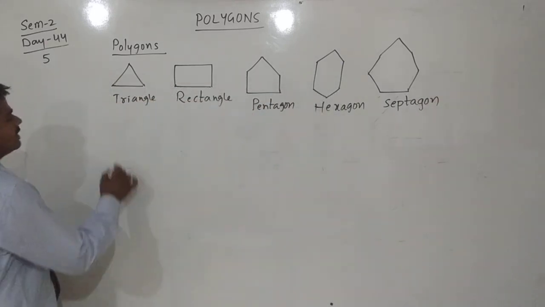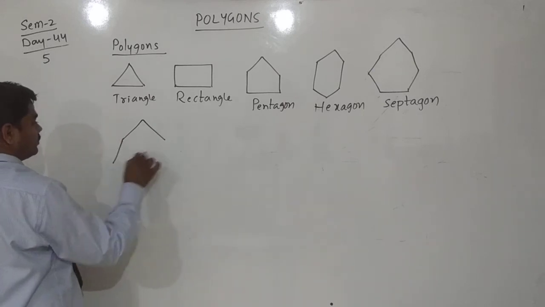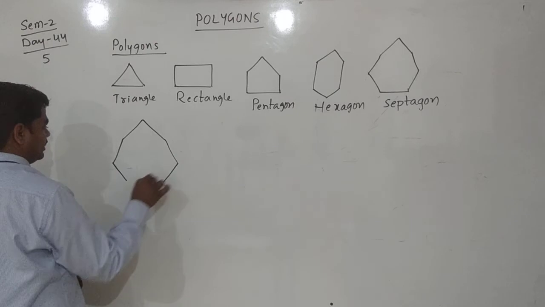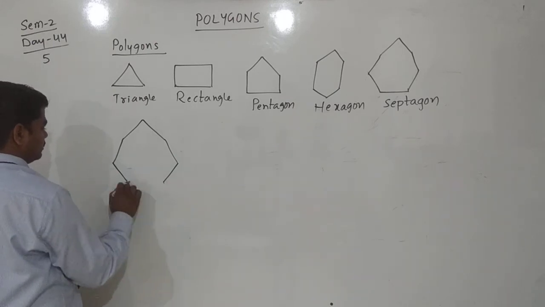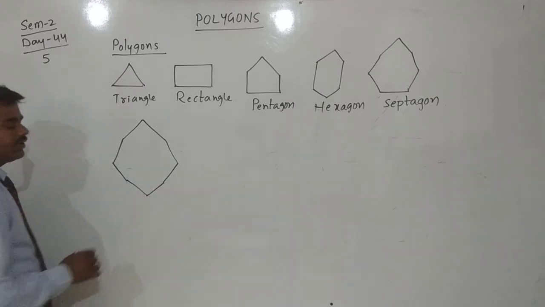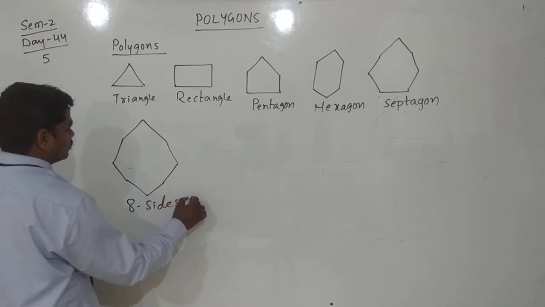We can call as octagon. 1, 2, 3, 4, 5, 6, 7, 8. 8 sides we can call octagon.